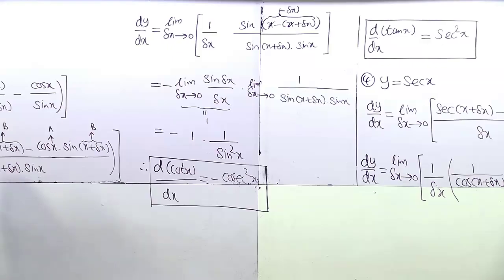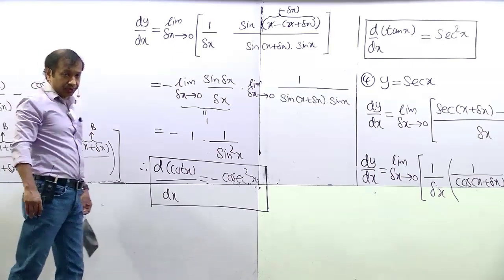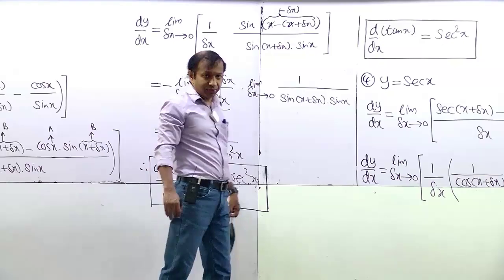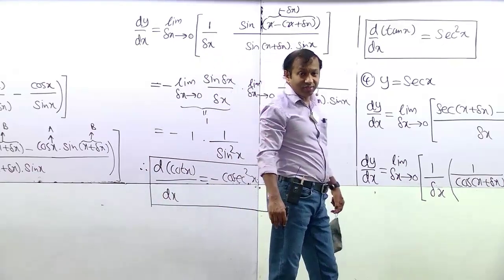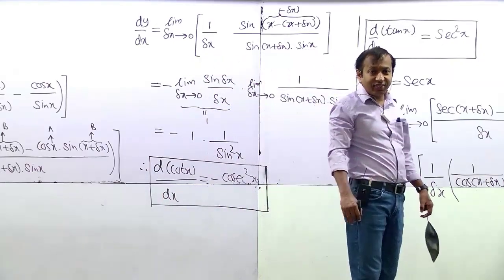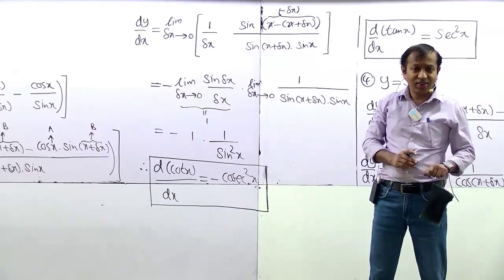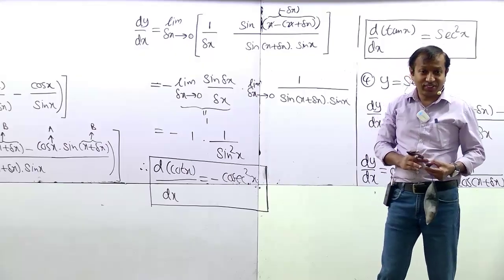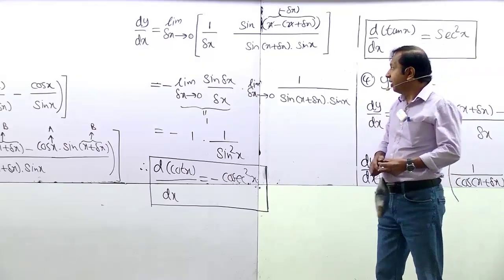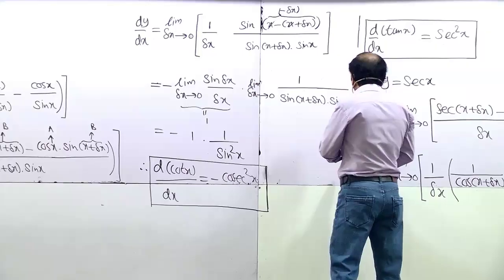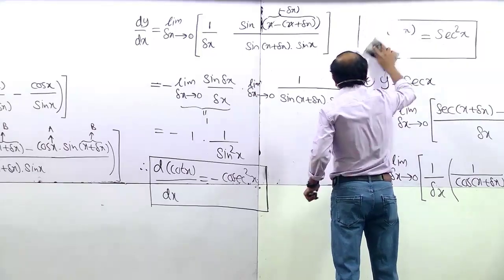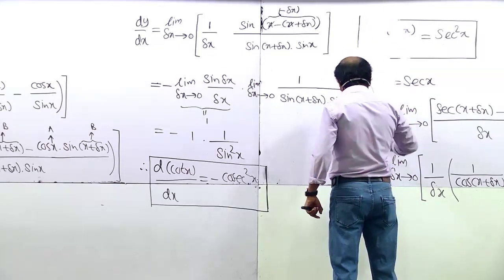Another one more, sixth one. Cosec x is the next one. Cosec x. Cosec x root is what? Minus cosec x cot x. Correct. Take the next one. Number 6. A derivative of cosec x.